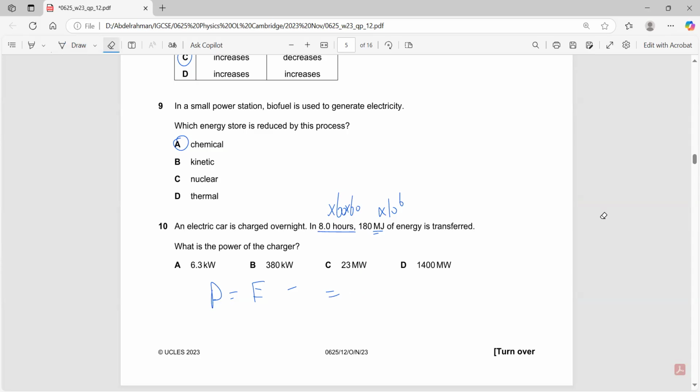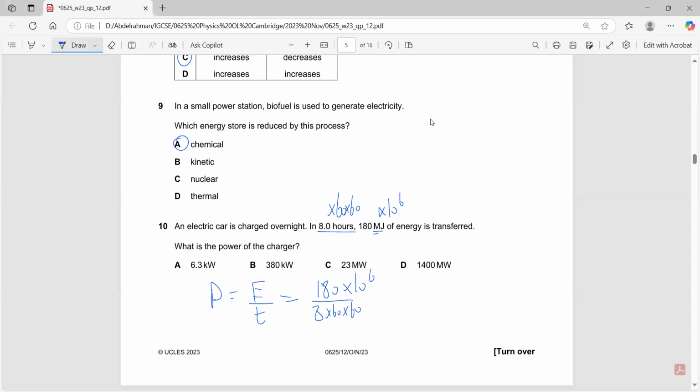I do not know why I wrote energy times time. Definitely it is over time. So 180 megajoules divided by 8 times 60 times 60. 180 mega means times 10 to the power of 6.